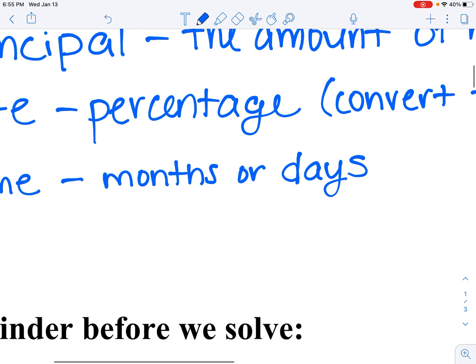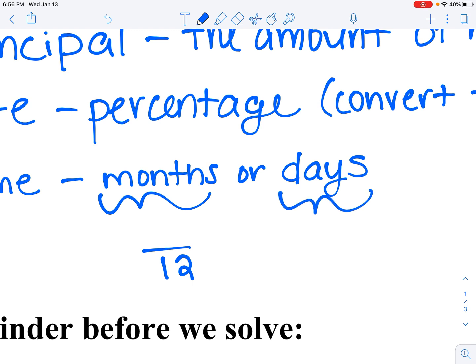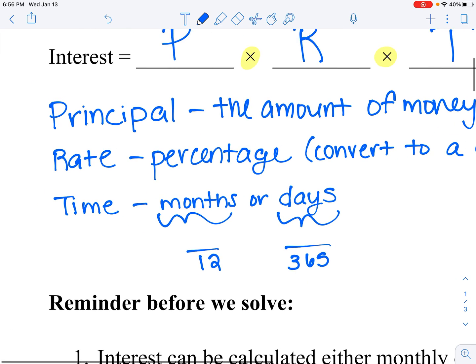As a little reminder, if it's on a monthly basis, we're going to create a fraction with a denominator of 12. If it's on a daily basis, our denominator is going to be 365. Because months, there are 12 months in a year. Days, there are 365 days in a year.